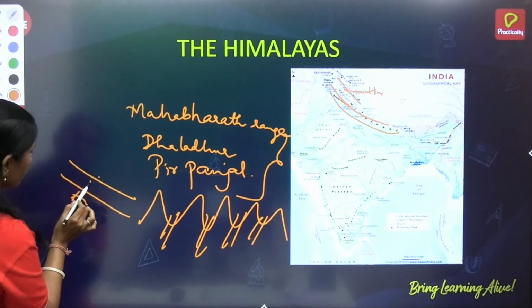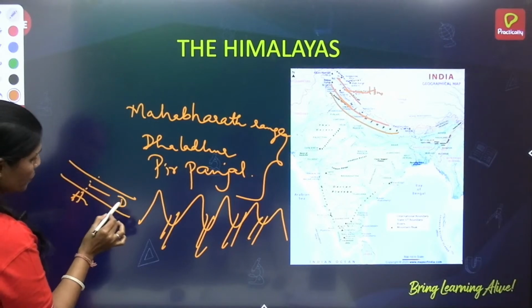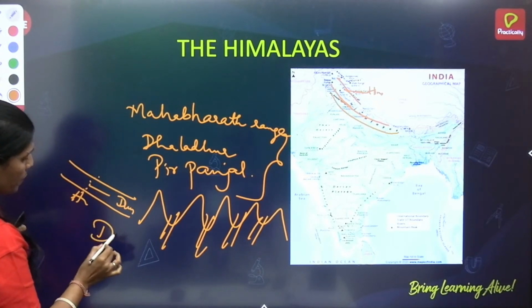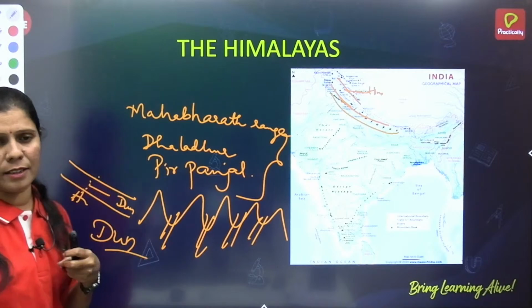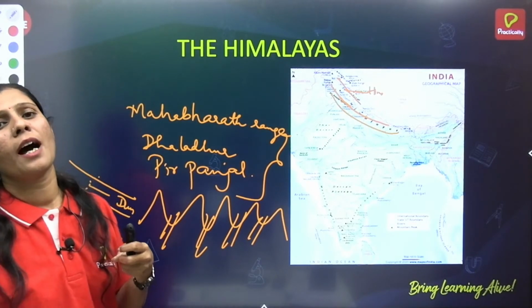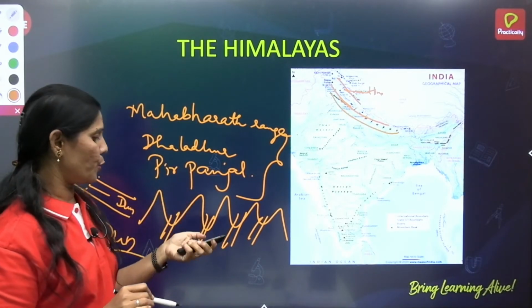We call them duns. Dehradun, Kotli Dun and Patli Dun are some examples of these duns.